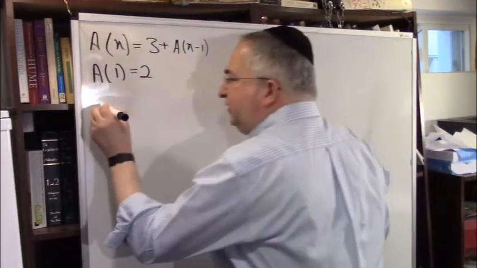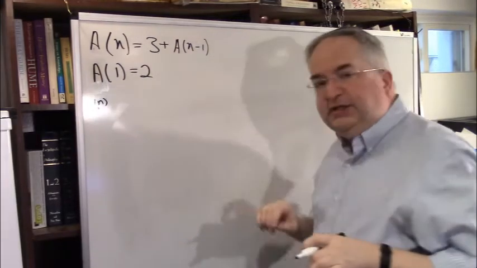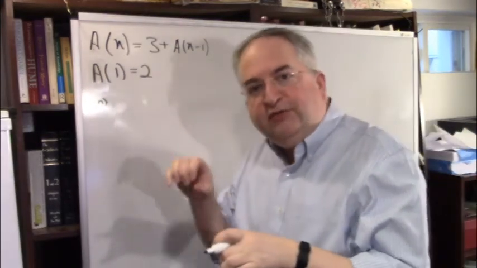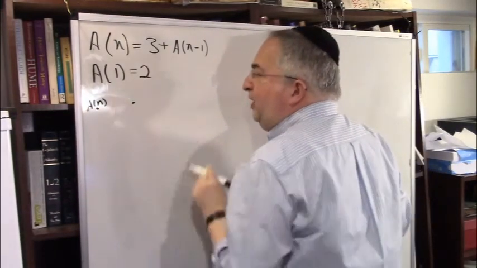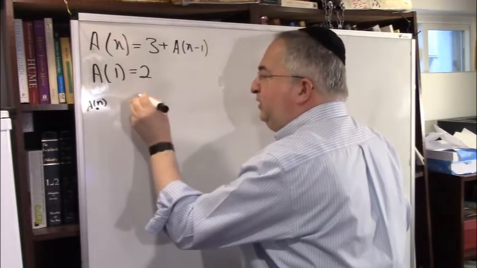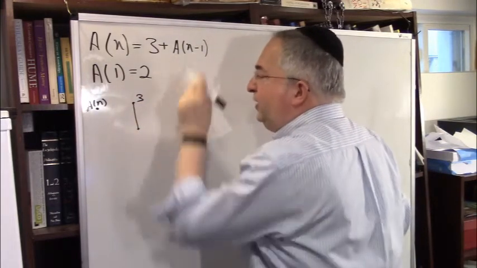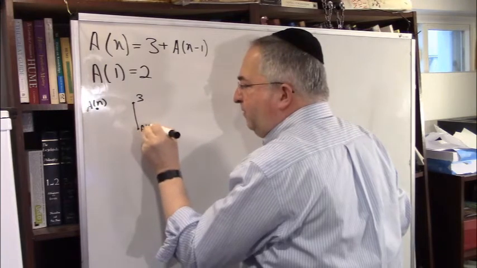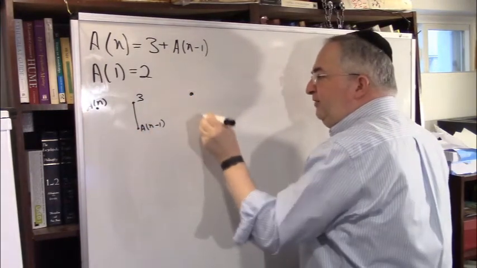We start off like this: A of n. I'm doing it like this because that's the way the book does it, and I want you to follow along in the book. So A of n is really, you put the 3 there, and then it has one child, A of n minus 1. Great. Now, what's A of n minus 1?